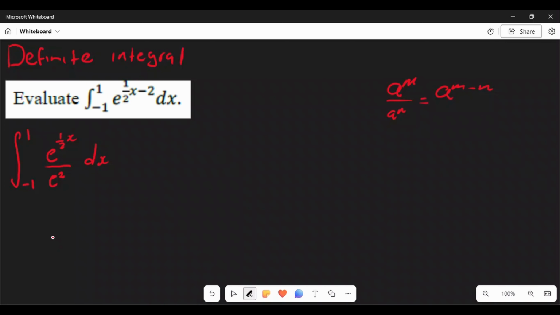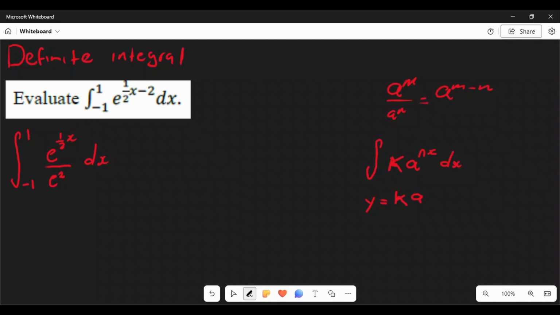Before we integrate, this is actually exponential integration. So I'm going to show you the formula that we're going to use for exponential integration. When we integrate exponentials, we have k as a constant, and then we have a as a base, and n as a coefficient of x, to the power of n x, dx. And then when we integrate this, it's going to be y is equal to k, our constant, which you're going to write.